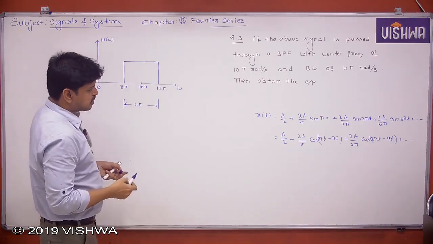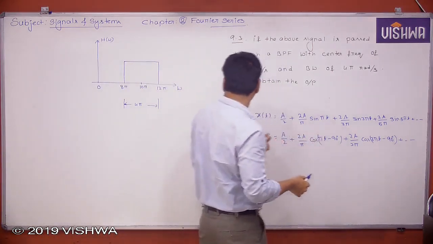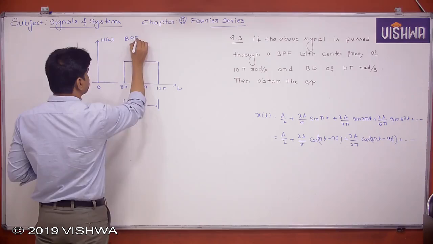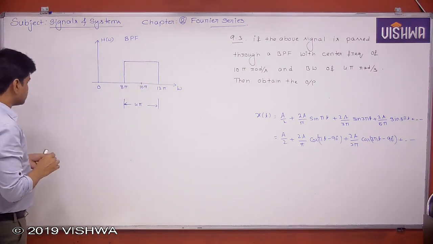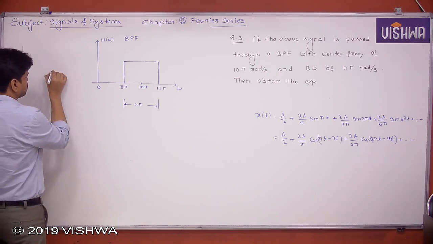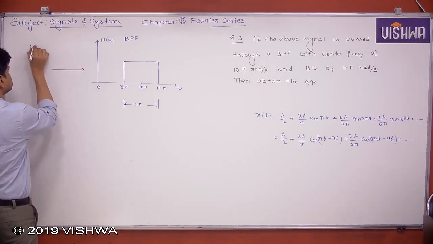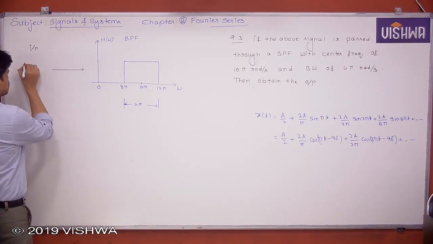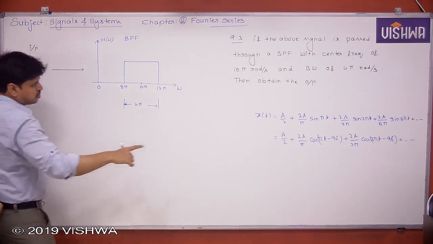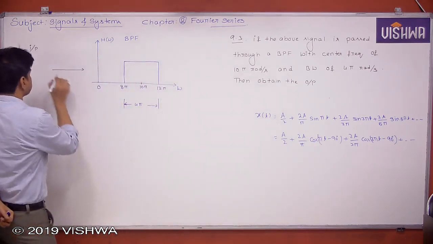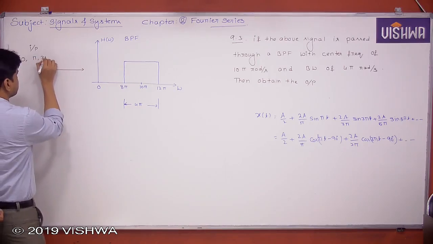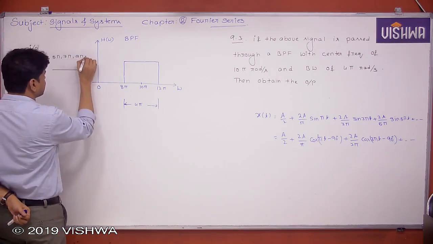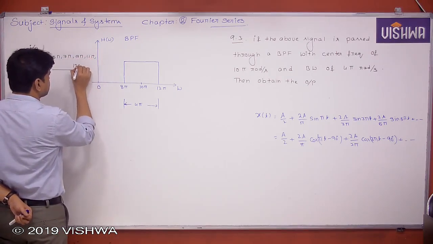Now we are having the signal. If the signal is passed through this band pass filter, what is the output? First try to understand what is the input we are having. In the input we are having 0 frequency, next pi frequency, 3 pi, 5 pi, 7 pi, 9 pi, 11 pi, 13 pi, and so on.